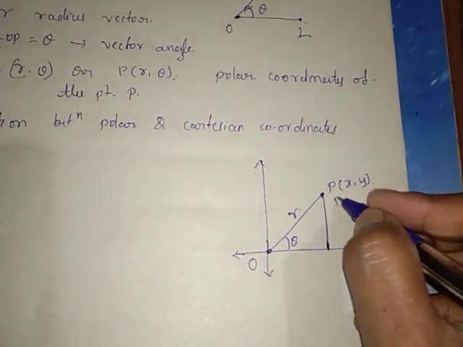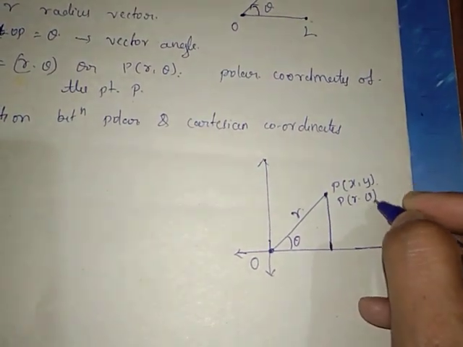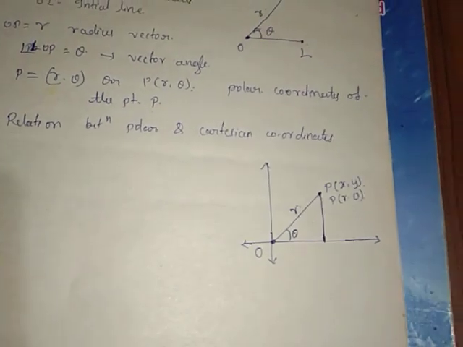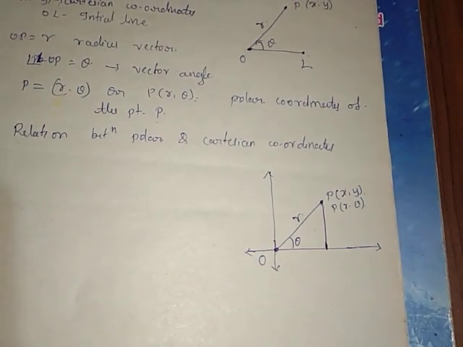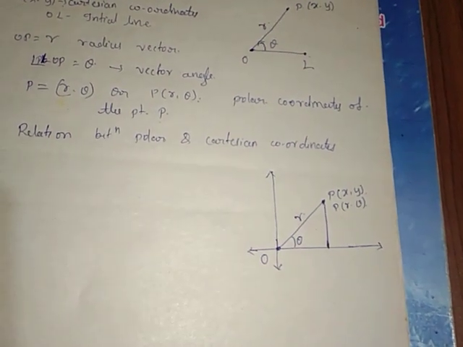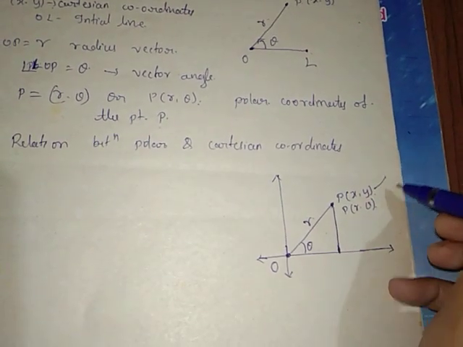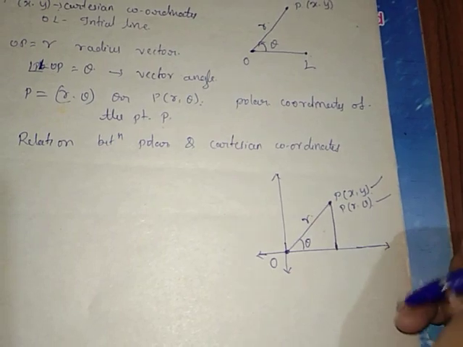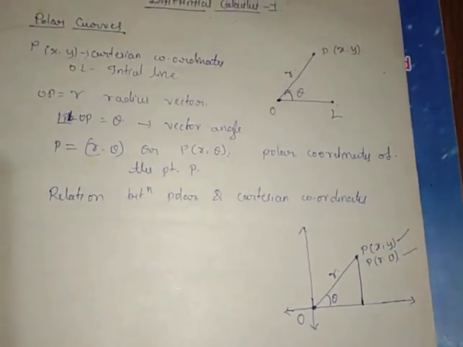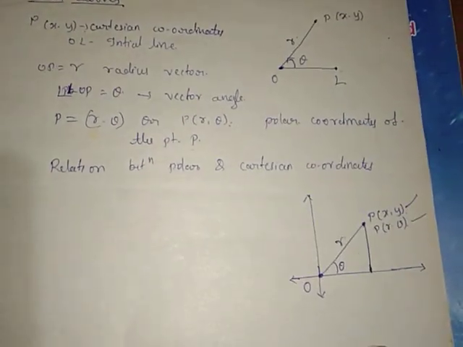Here P of x comma y we can also represent as P of r comma theta, because P of x comma y is nothing but P of r comma theta, but one is in Cartesian form and the other is in polar form. Now we are going to establish the relation between them.